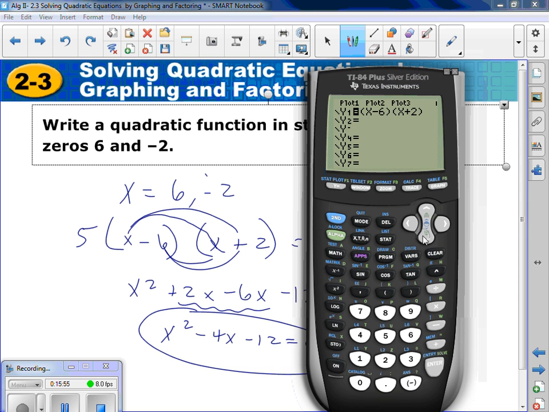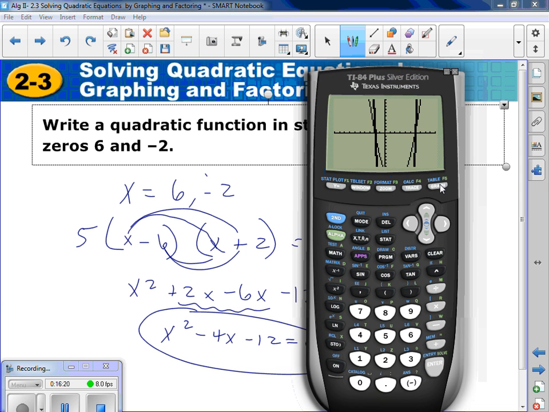If I take and throw a number out front, then x minus 6, x plus 2. I'll make this one a darker line so you see it. Now when I graph, there's the first one, there's the second one.